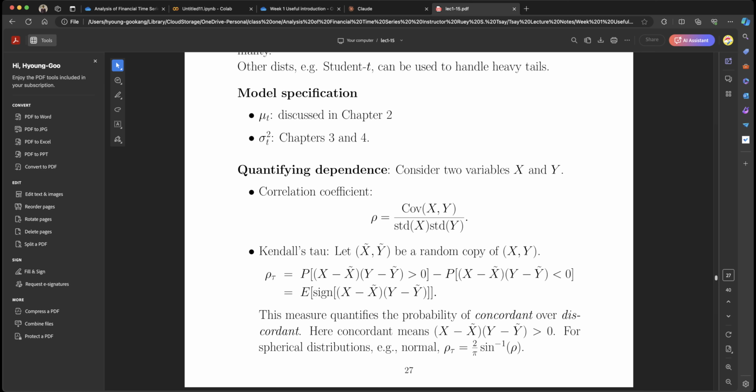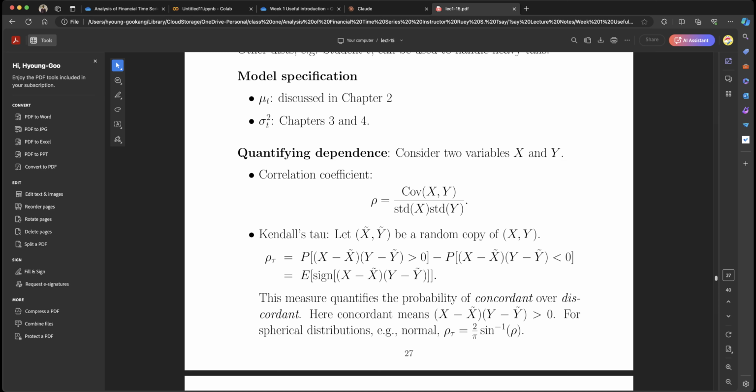Okay, what is Kendall's tau? Kendall's tau is another important concept. It is similar to correlation, but actually it's more robust in some sense. Let (x tilde, y tilde) be an independent copy of (x, y). Then Kendall's tau is P((x minus x tilde)(y minus y tilde) greater than 0) minus P(less than 0). So in other words, it is the sign of (x minus x tilde)(y minus y tilde).